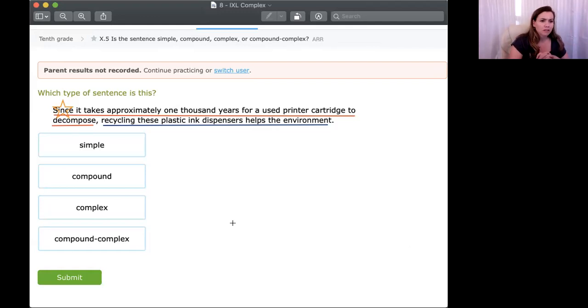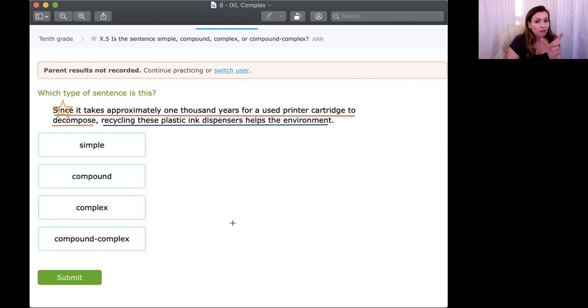Since it takes approximately 1,000 years for a used printer cartridge to decompose, recycling these plastic ink dispensers helps the environment. So the first thing I did is I said, wow, our sentence is starting with the word "since," and I know that "since" is a subordinating conjunction. So right off the bat, I'm thinking that is a dependent clause.